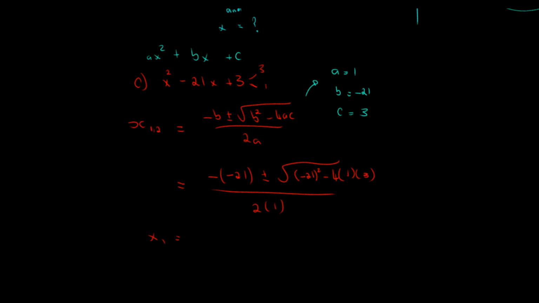So my first answer is 20.85... And if I go back to my calculator to simply replace the positive with a negative, I find 0.14. And this is how we find x-intercepts, by using the quadratic equation, factorizing.